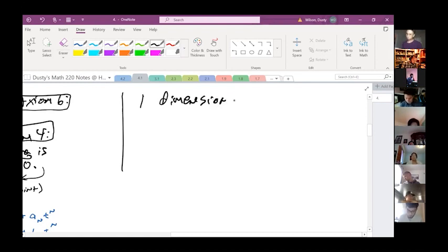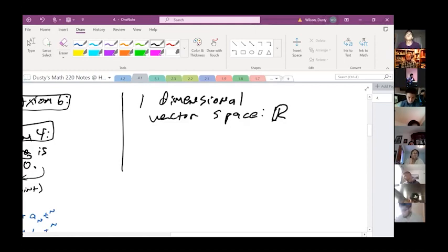There's lots of them, but here's an easy one. So if you add 2 real numbers together, do you get another real number? Yes. If you multiply a real number by a scalar, do you get another real number? Yes. Is there a 0 real number? Yes. So this is a very boring one.